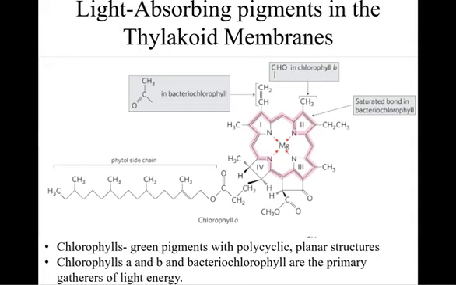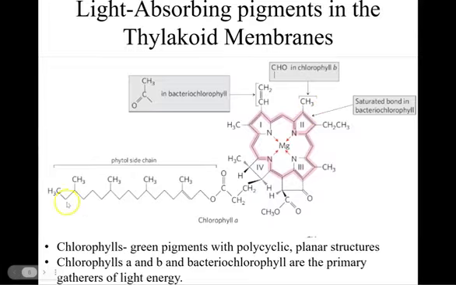And so, you have this light that is shining. In order for the thylakoid membrane to absorb this light, it uses pigments. The main pigments that absorb the light are chlorophyll A, chlorophyll B, and bacterial chlorophyll. And these structures are listed here.